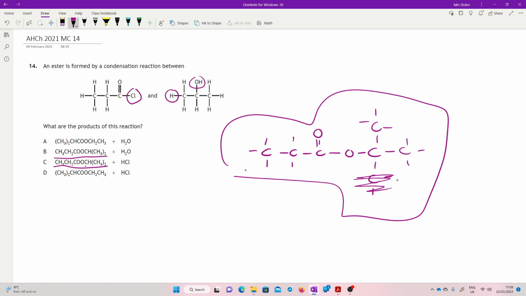You have to recognize that you had a hydrogen and a chlorine, so it's hydrochloric acid that you make. So this is an acid chloride producing an ester, which is much faster than doing it with your alcohol and your acid. However, fuming clouds of hydrochloric gas is generally not a fab idea.